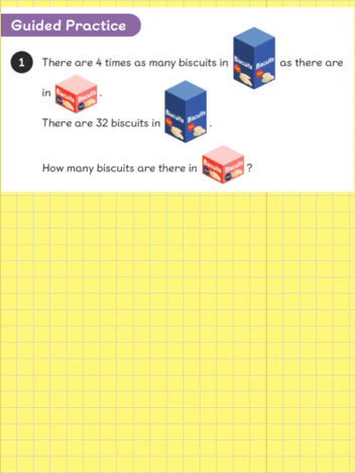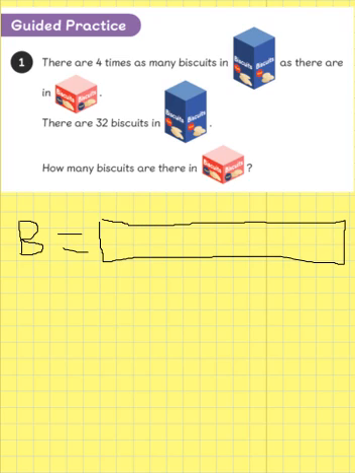So we've got the blue packet, which I'm not going to try and draw, and I'm just going to write the letter B, and that is going to show me that we have got a bar model here representing the 32. So we can write the fact that this totals 32, but we also know that it's 4 times as big as this red packet that we've got down here.